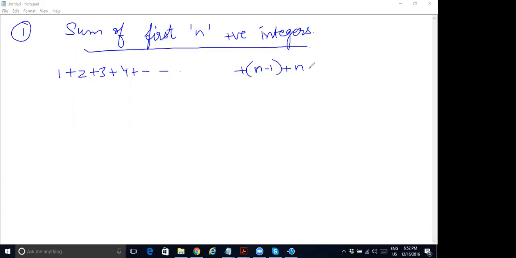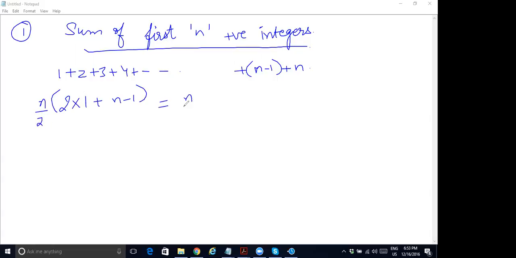Wouldn't we just use n by 2, 2a plus n minus 1 d? We can do that: 2a becomes 2 into 1, plus n minus 1 into d, where d is 1, multiplied by n by 2.